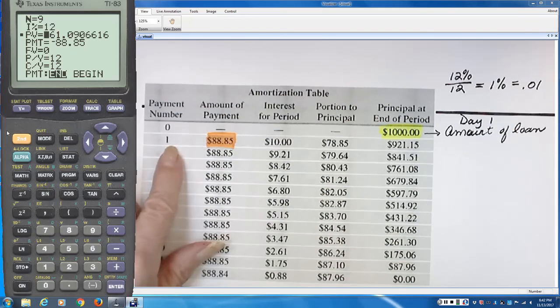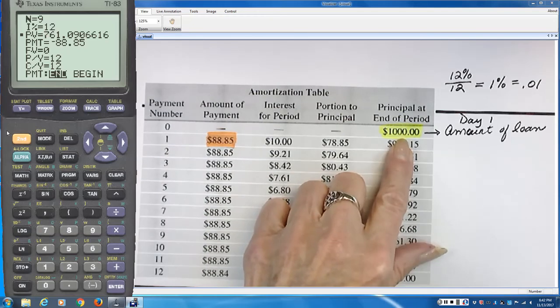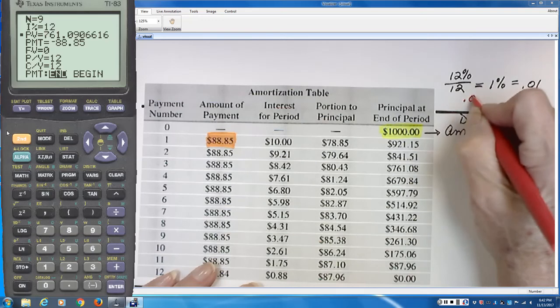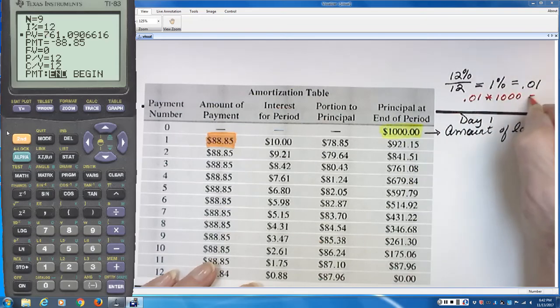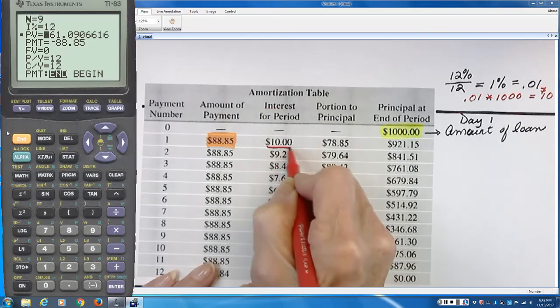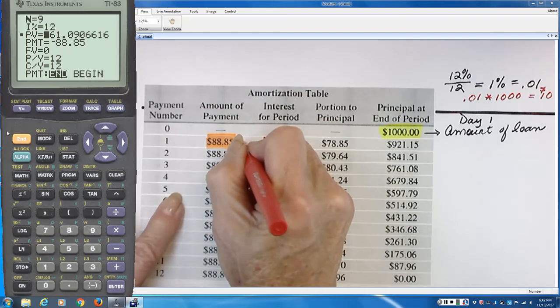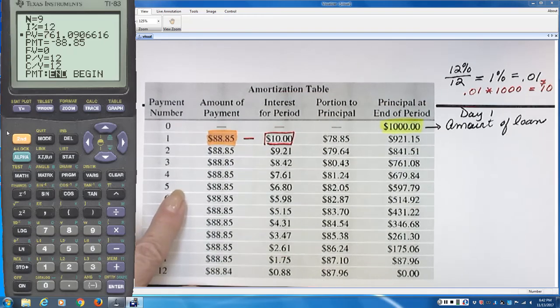So at the end of this first month, she owes 1% of that $1,000, which is $10. So of her payment of $88.85, $10 of it went to interest.